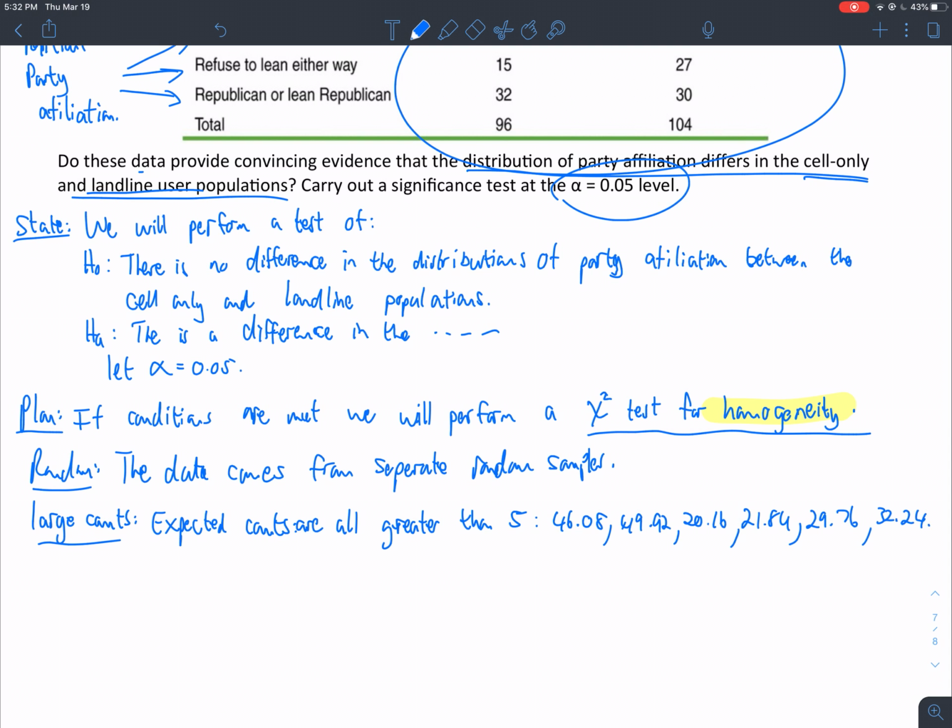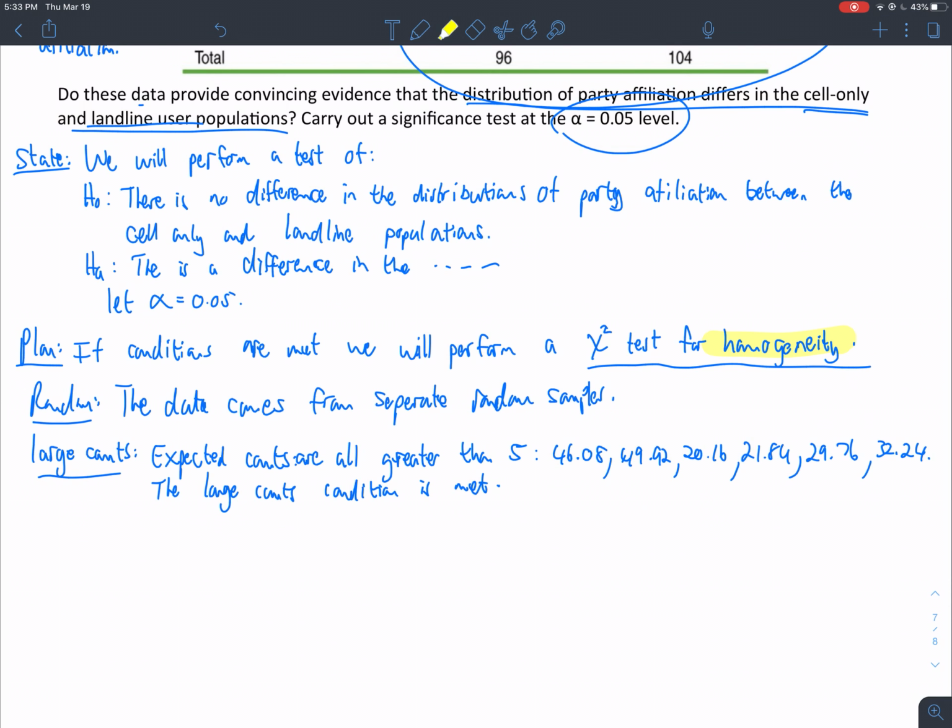So you say the large counts condition is met, or the sampling distribution of the chi-square statistic will follow approximately a chi-square distribution. I would highly recommend you just write that.